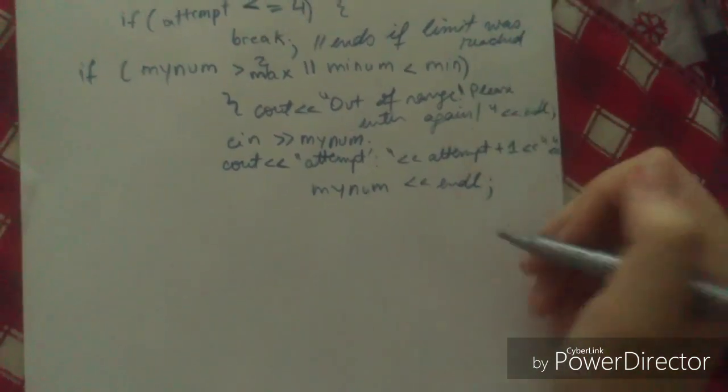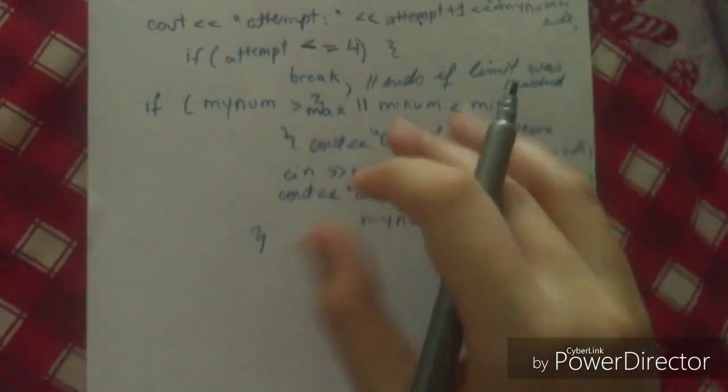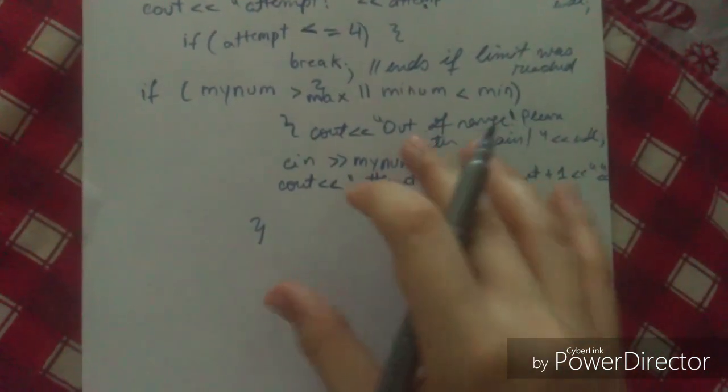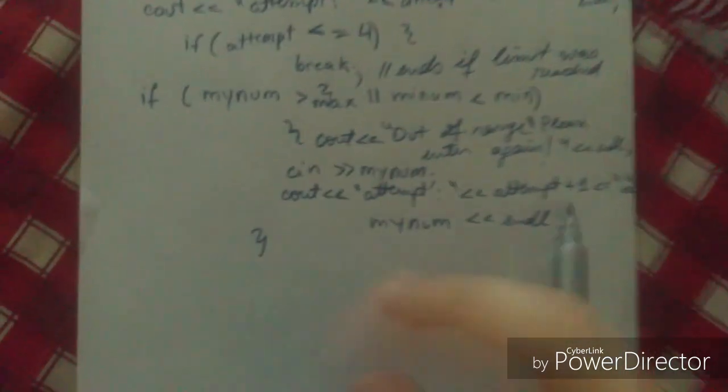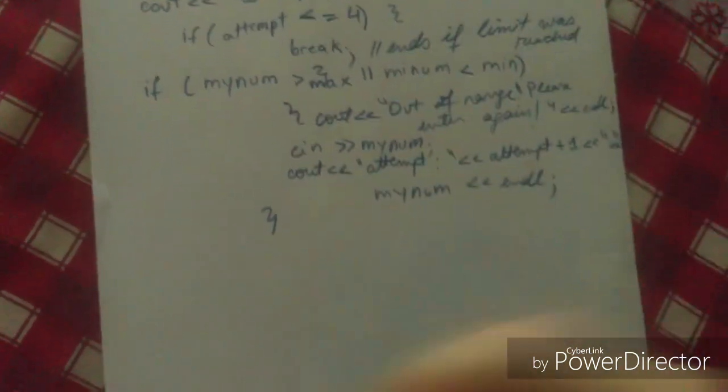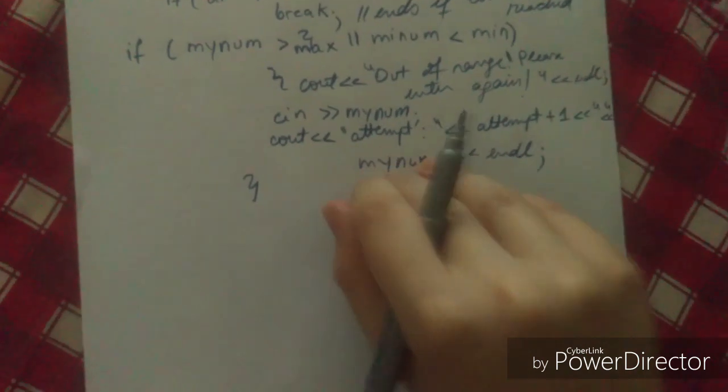Okay, so once we've done this, we know for sure that the number is in range. So unless you have a really funny user that wants to play games with your game, and they will keep doing the same thing, entering numbers that are out of range, you should be pretty good after this step.